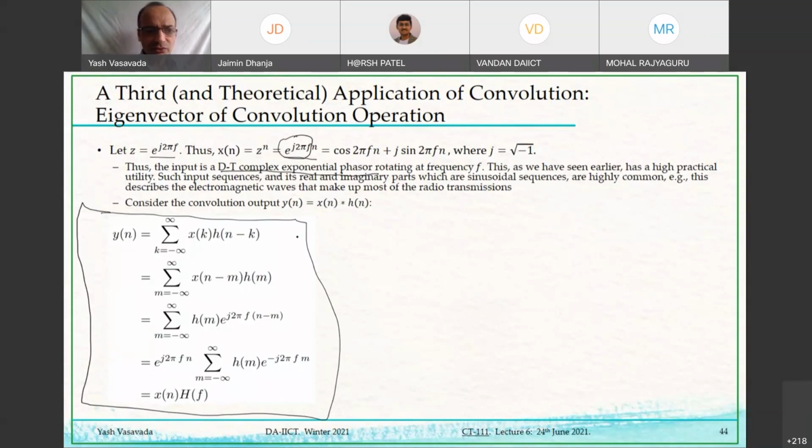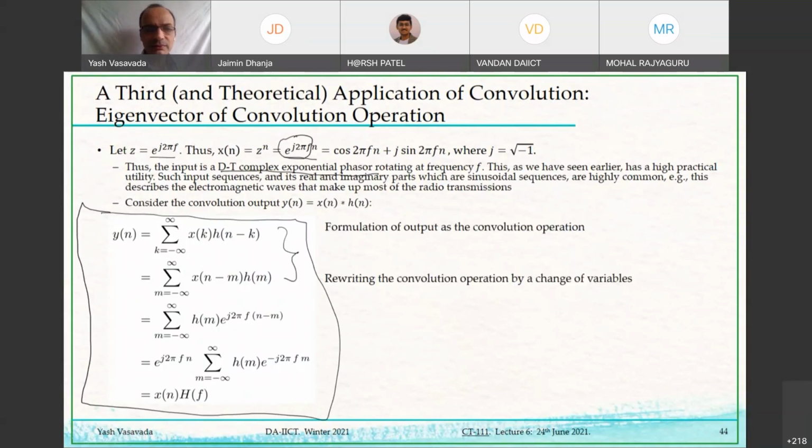These first two terms are directly from the formula of convolution, so I'm not going to go over them. In this third term, the third equality, I just substituted for x of n minus m this expression. And so e to the power j2 pi fn became e to the power j2 pi f(n minus m).